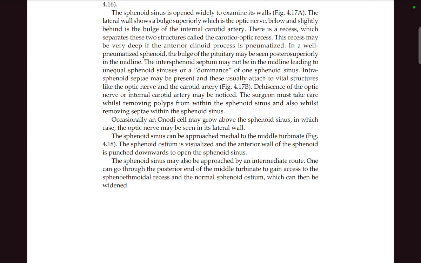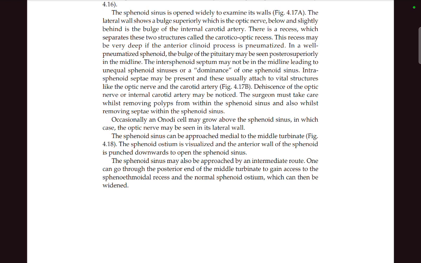The surgeon must take care while removing nasal polyps from within the sphenoid sinus and also while removing septae from the sphenoid sinus. Occasionally, an Onodi cell may grow above the sphenoid sinus, in which case the optic nerve may be seen in its lateral wall.